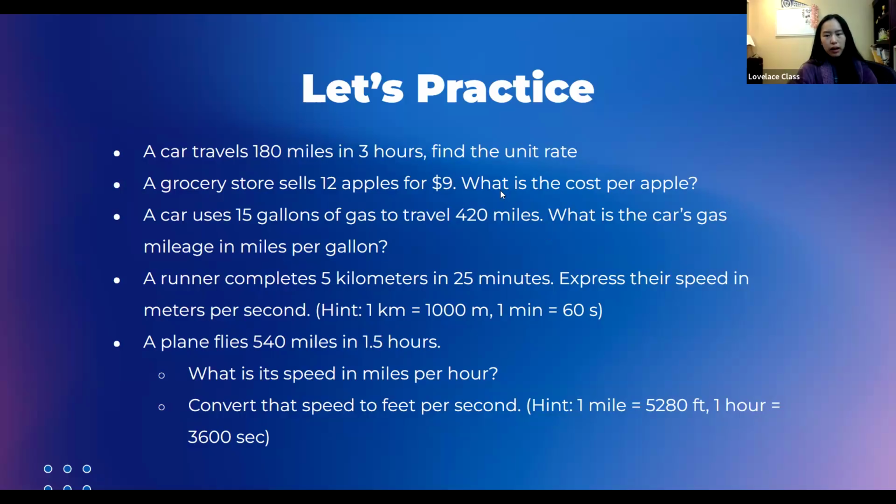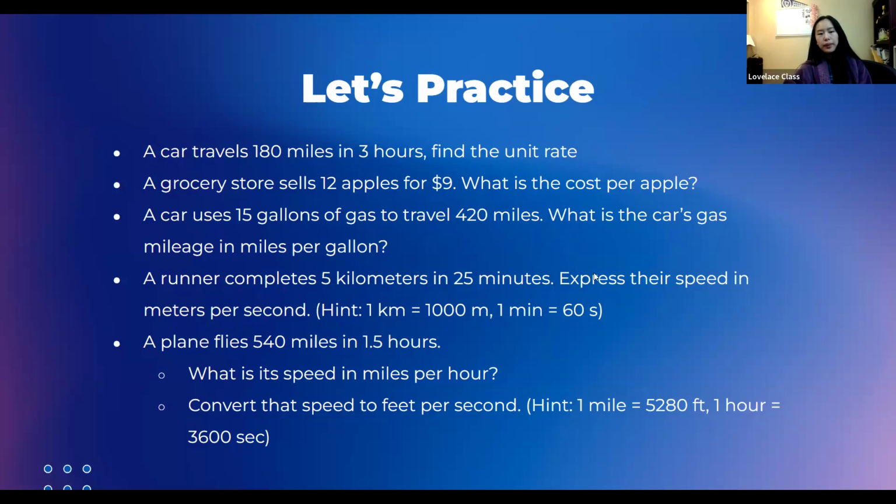For problem 1, the answer is 60 miles per hour, because we have 180 divided by 3, that's miles per hour. We treat it like a fraction. We divide the numerator by 3 and the denominator by 3. So 180 divided by 3 is 60, and this is 60 miles per 1 hour. So it's 60 miles per hour.